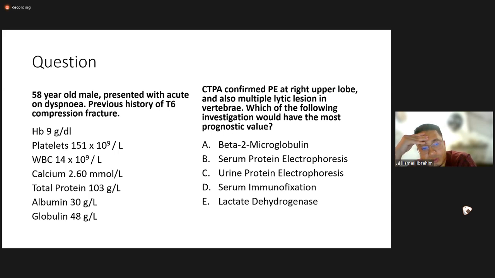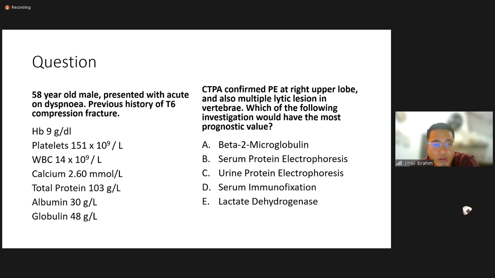Total protein, that's wrong, not 103 but 78, raised total protein. Sorry, the globulin should be higher, not 48, should be 73. And then the scan showed PE and also multiple lytic lesions.